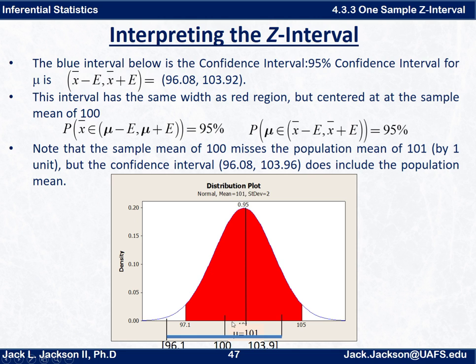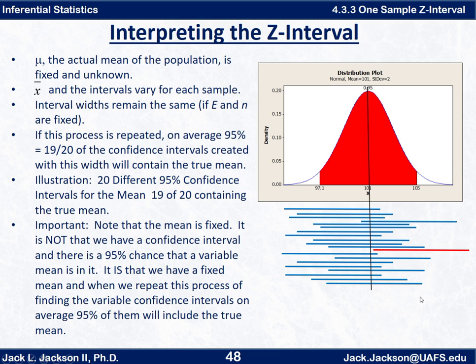So the confidence interval, again, is this blue interval here. We don't really know where the actual value is up here. Now, be sure that you understand this, because a lot of people make a mistake in interpreting it. When you do this computation, we don't know the population mean, but that doesn't mean it doesn't have one. It's got one. In fact, it's constant. There is some mean of the population. You just don't know what it is.